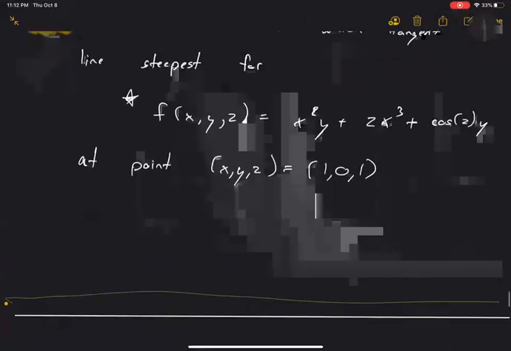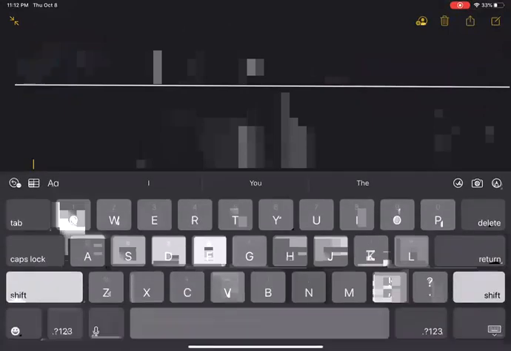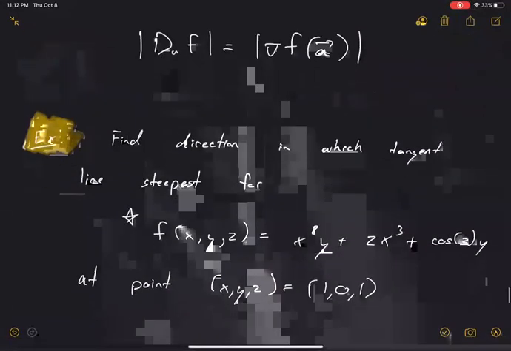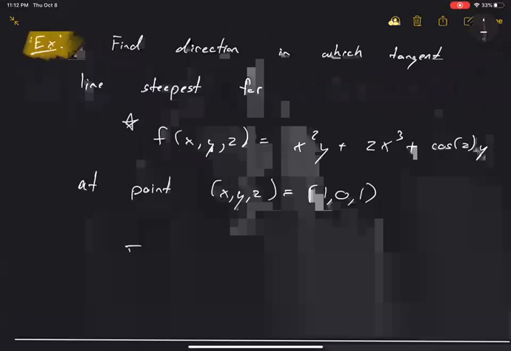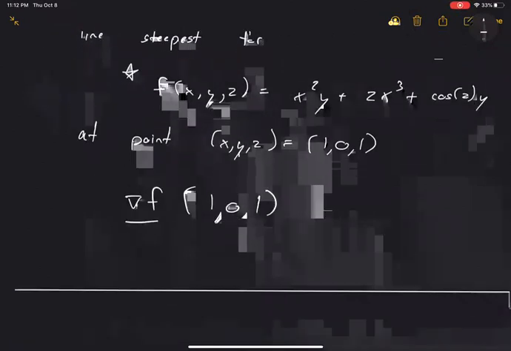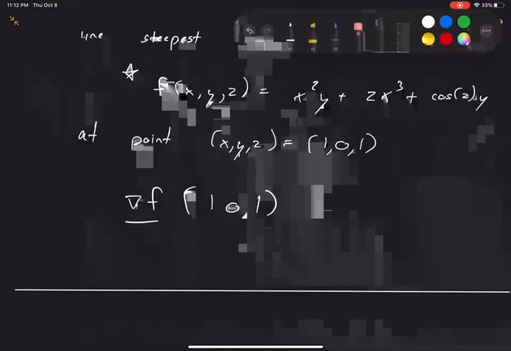From what we just said, that direction is going to be del f at a, so we want del f of 1, 0, 1. So I need to find my del f, and then plug 1, 0, 1 in for x, y, and z.